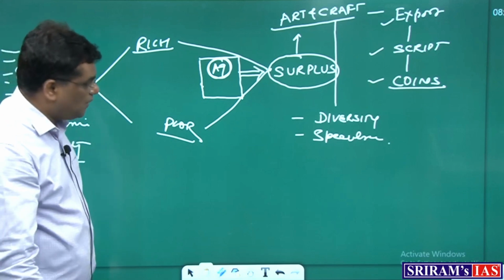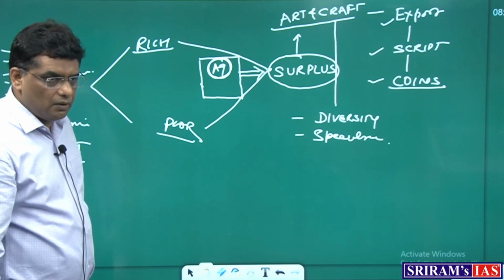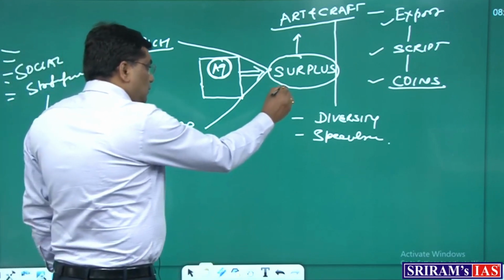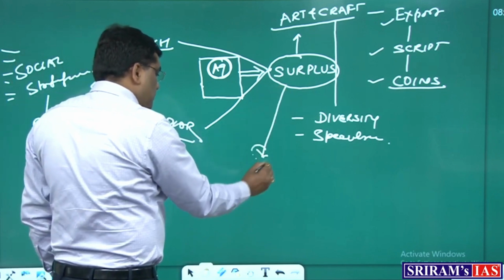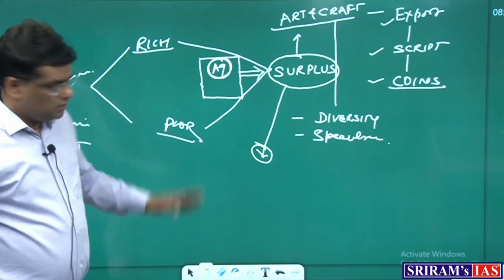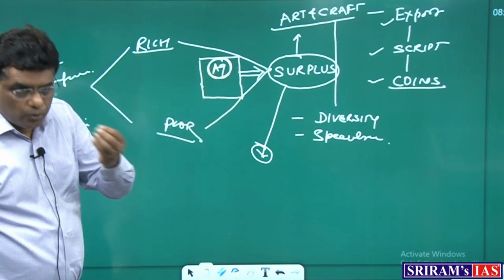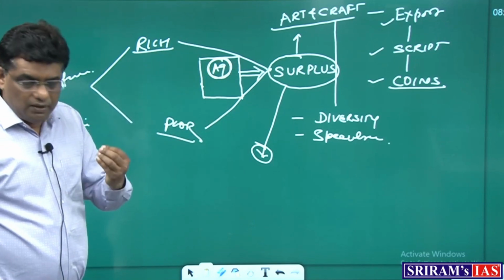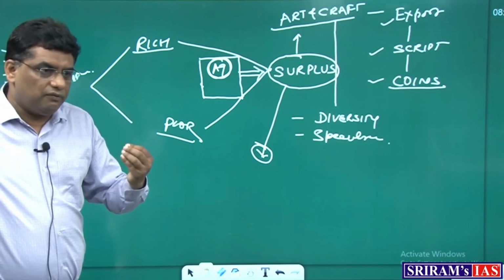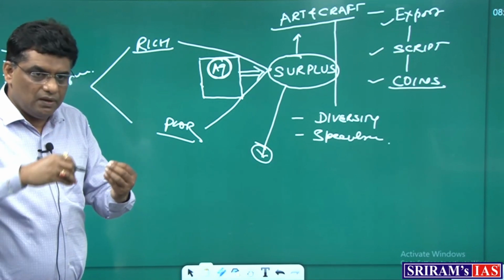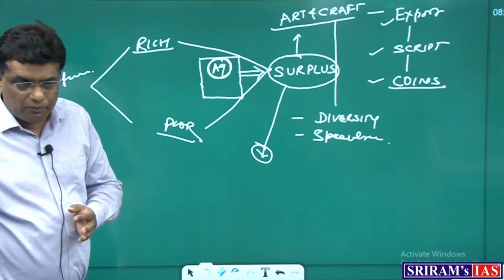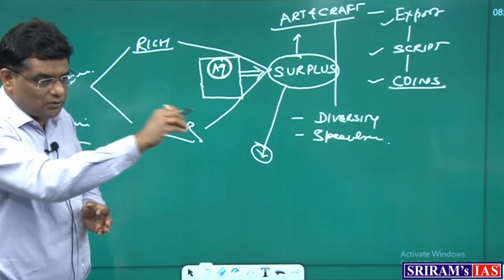This is urban character. So how will urban people have food? Only when the surplus generated in the village comes to the city. So from the small village it comes to the district, district to state, state to Delhi.